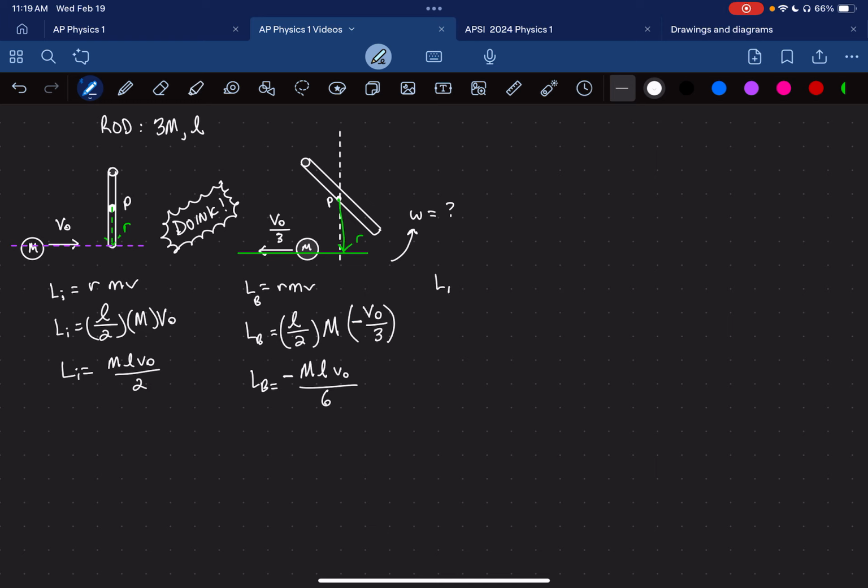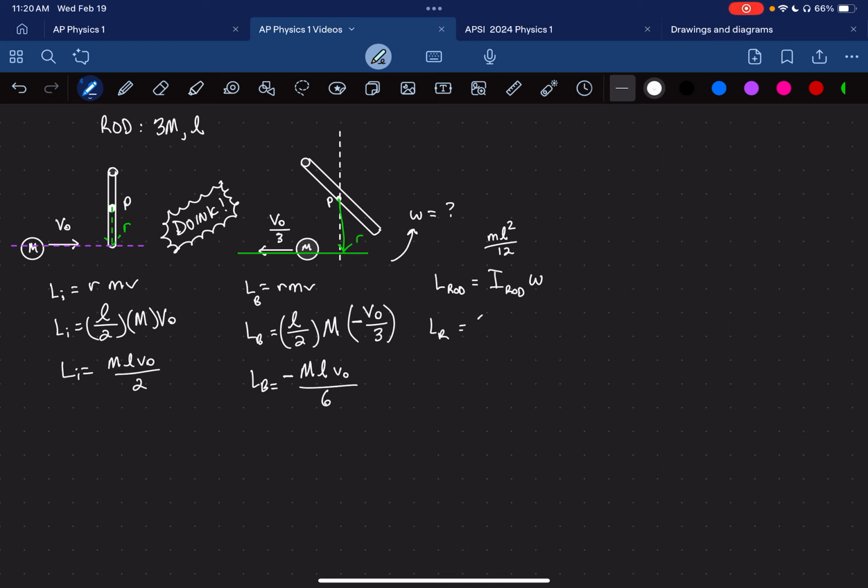Let's look at the angular momentum of the rod. It's just going to be I of the rod times omega. The rotational inertia of the rod, I'm going to put the little equation up here. This is m L squared over 12, the rotational inertia about its center of mass.